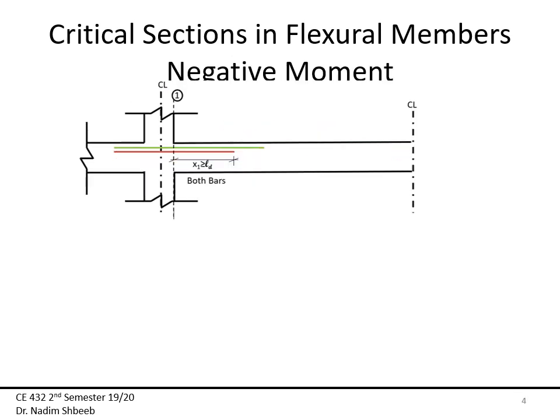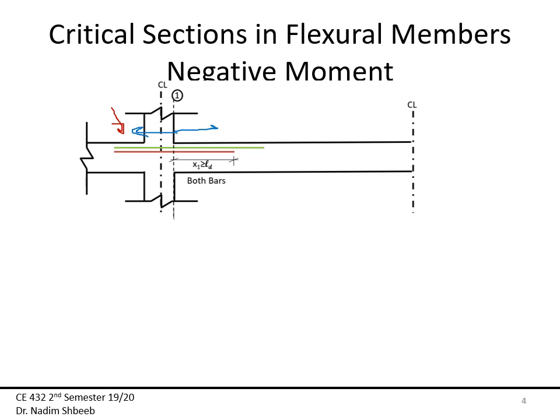So first of all, I'm going to start with section 1 for the negative bars right here. At section 1, I'm going to need both bars. So for that, I need the development length. And by the way, the development length here must be in this direction and in this direction as well.